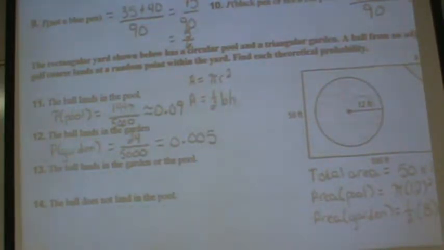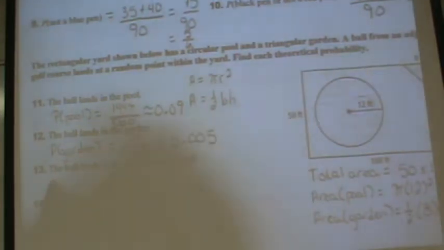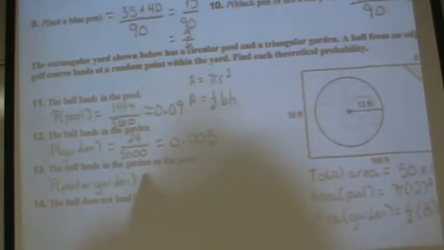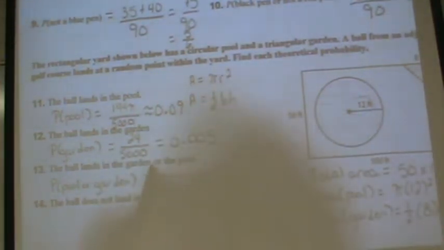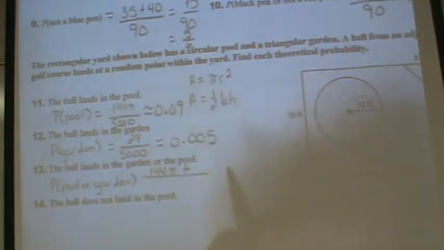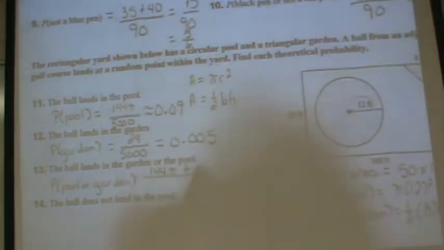Number 13, the ball lands in the garden or the pool. So the pool or garden. So we have the area of the pool, which is 144 pi, plus the area of the garden, which was 24.